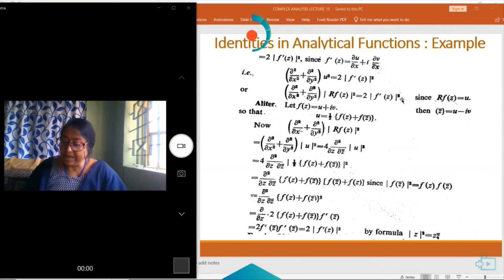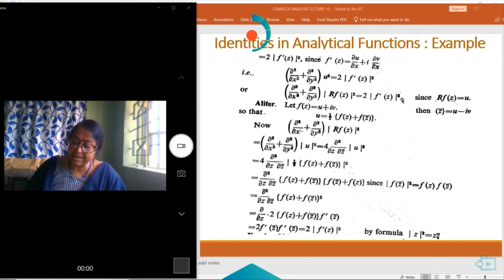So we can write 2 times modulus of f dash z the whole square, since f dash z is equal to del u by del x plus i del v by del x. So we can write del square by del x square plus del square by del y square of u square is equal to 2 times modulus of f dash z the whole square.